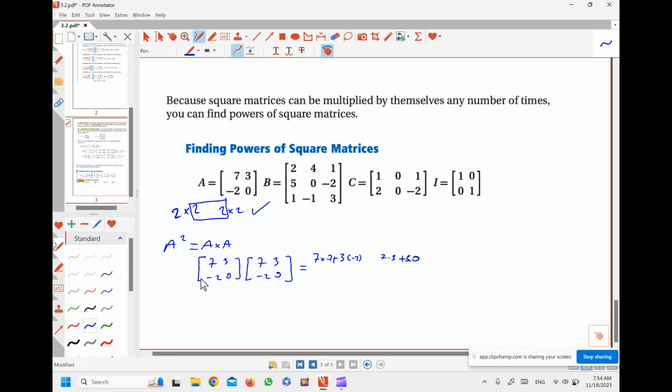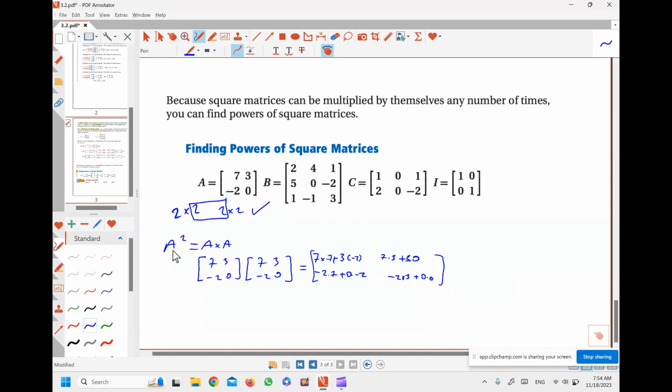For the second row of the first and first column of the second, negative 2 by 7 plus 0 by negative 2. And finally, second row, second column, negative 2 by 3 plus 0 by 0. And simplify it. This will be our product matrix.